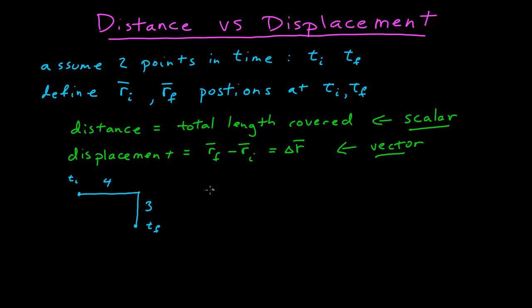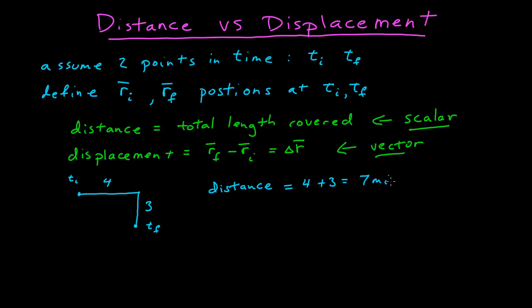And so the distance is simply the total length traveled. So it traveled 4 miles and then 3 miles, and so the total length traveled was 7 miles.